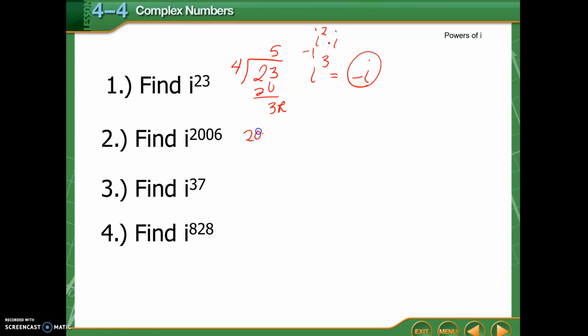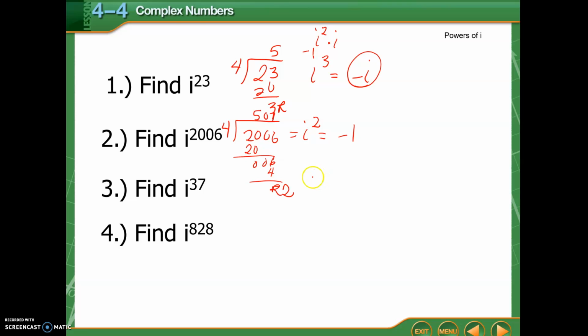Now 2006 divided by 4, we'll only really care about the remainder, but 4 goes in there 5 times, which is 20, 0, 0. Bring down your 0. Hopefully you're remembering your division rules. Divide by 4, you get 1, remainder of 2. So this is the same as i squared, which equals -1.